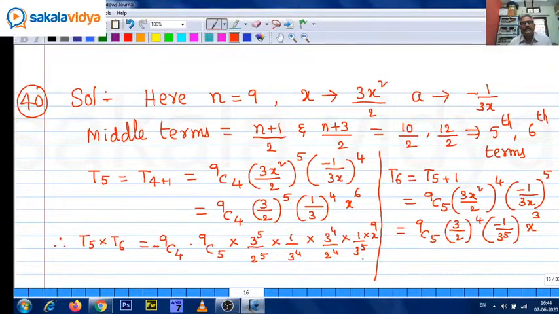Here we have a minus, because of (−1)^5. 3^5 cancels with 3^5, 3^4 cancels with 3^4. So this equals minus 9C4 multiplied by 9C5, into x^9 by 2^5, which is 32, into 16.